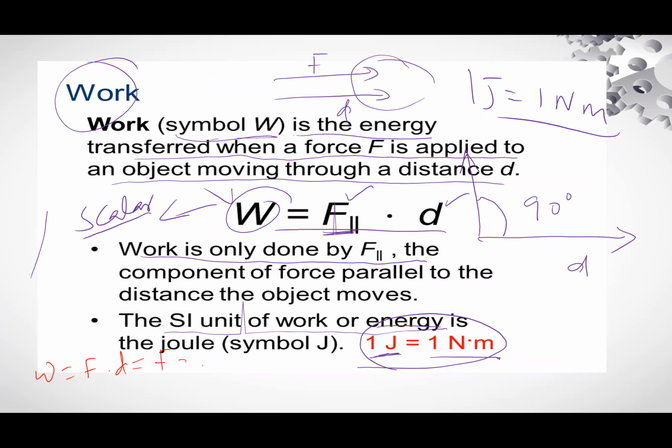So write F in place of F, D in place of D, and for dot we will write cos theta. Work is a scalar quantity, measured in joule, and 1 joule is equal to 1 Newton meter.